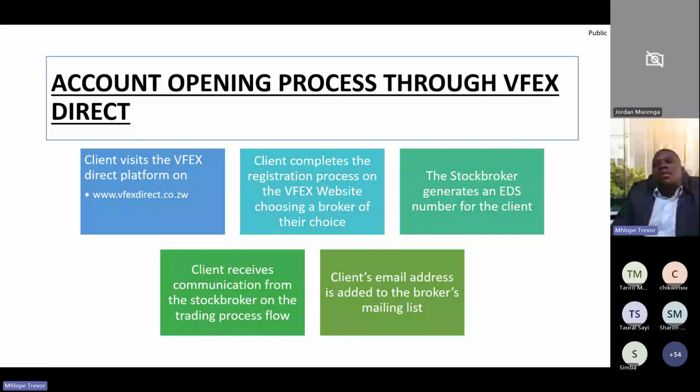As I earlier alluded to, this EDS number is where your shares are stored. It's like an account number for you, just like a bank account number. So this is an EDS number, an electronic account for storage of the shares. Once we generate this EDS number for you as our client, we then communicate to you through email or a call that your account is ready for trading.